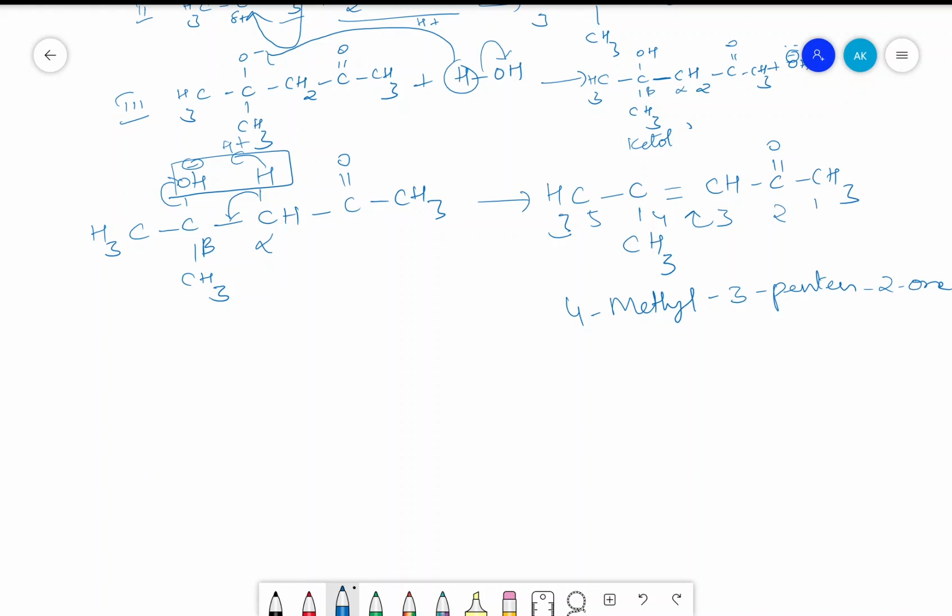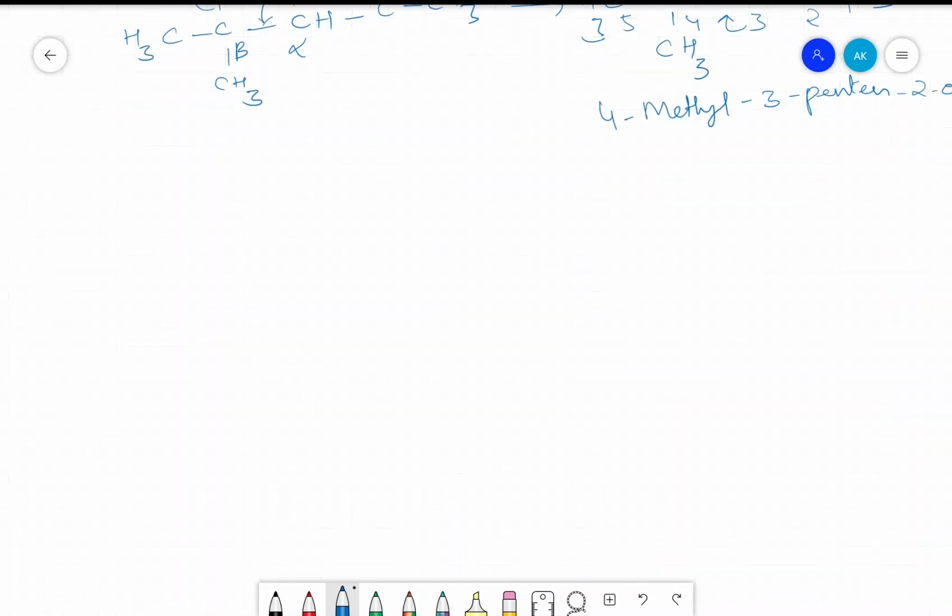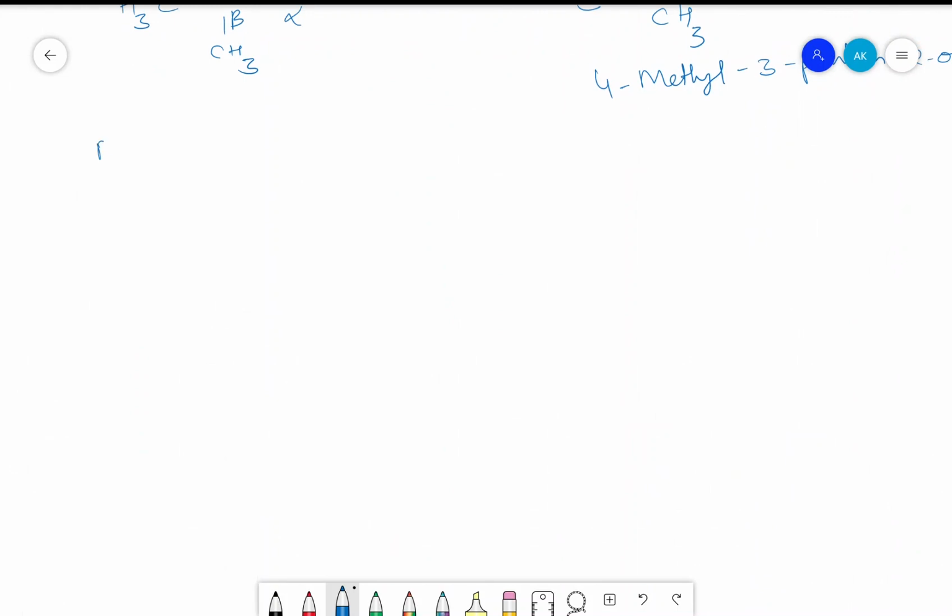There is one more addition to this aldol condensation, which is called mixed aldol condensation. The difference between ketol and aldol is, in ketol we have two ketones and in aldol we have two aldehydes, but in mixed aldol condensation there are two different carbonyl compounds which are combined.